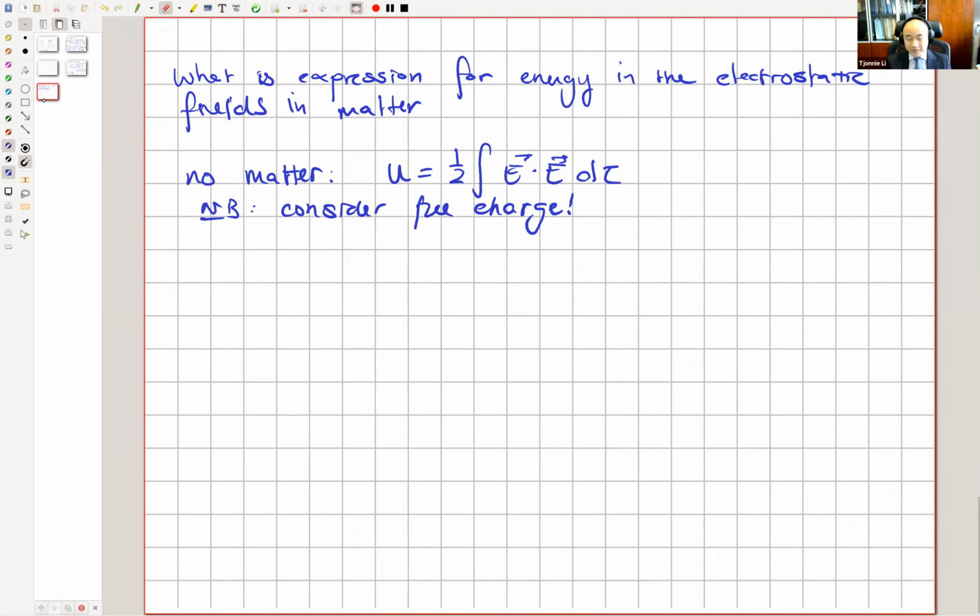Going back to this one then. How much energy does it take for me to bring in some energy density through a potential?